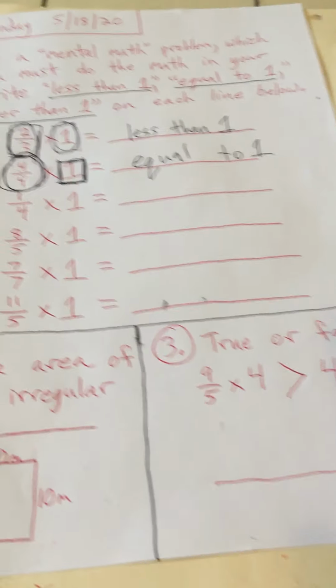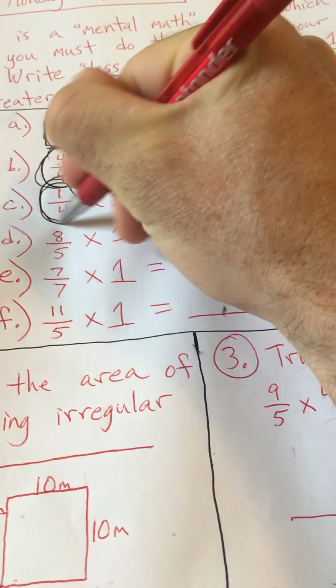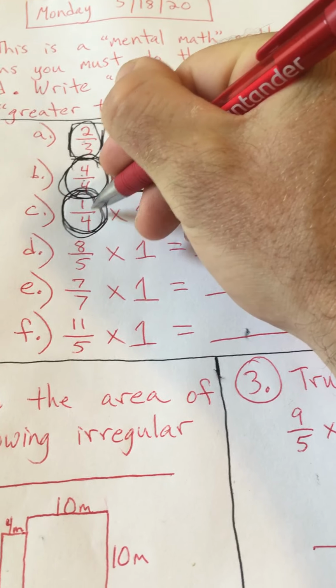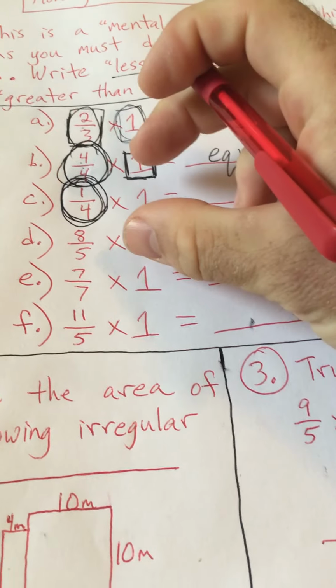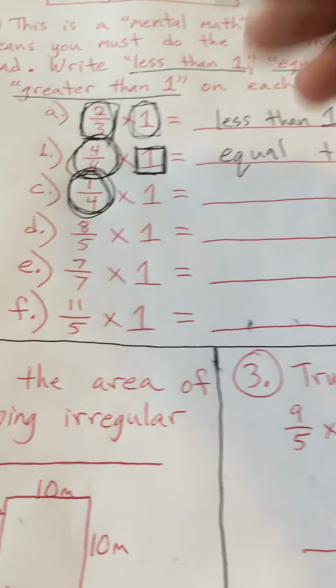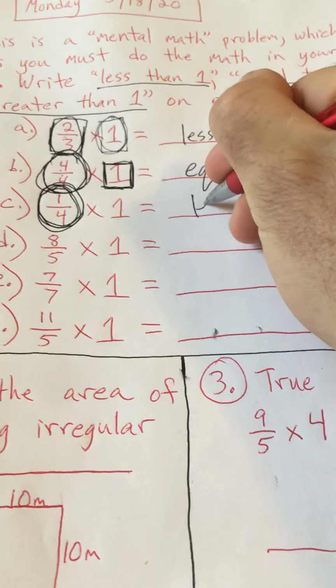Now let's go to C. 1/4 times 1. Again, we have a fraction that's less than 1. If we multiply a number times something that's less than 1, it is going to get smaller. This happens to be 1, so it's going to be less than 1.